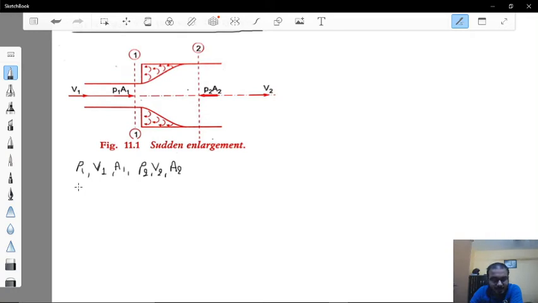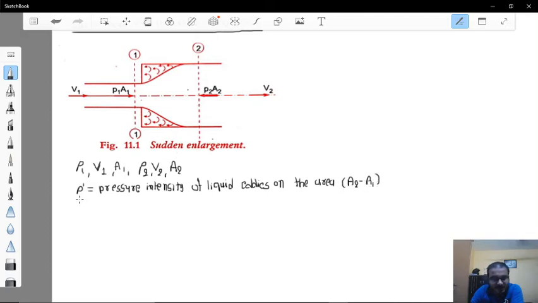So let us say P prime is equal to pressure intensity of liquid eddies on the area A2 minus A1.